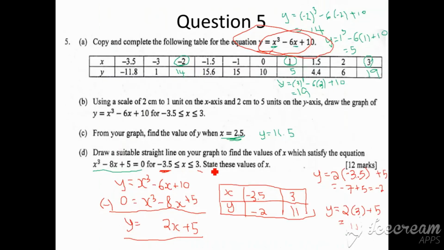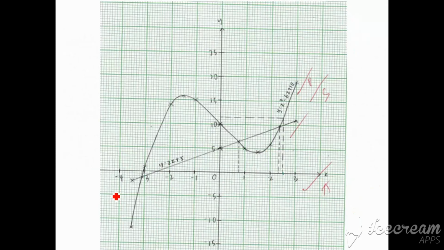Okay, last step, solve these values of x. So you have to write down the intersection points of this straight line and this curve. So there are 3 intersection points. First one, second one, third one. Okay, so you have to list down the x coordinates for these intersection points. Like the first one is negative 3.1, and the second point is 0.75, then this is 2.35.